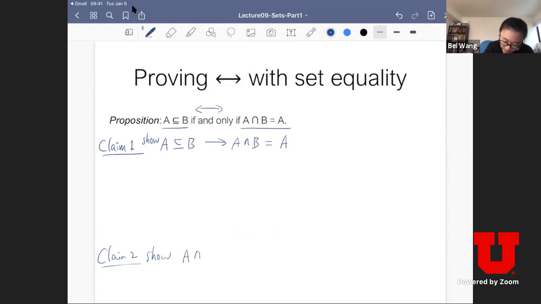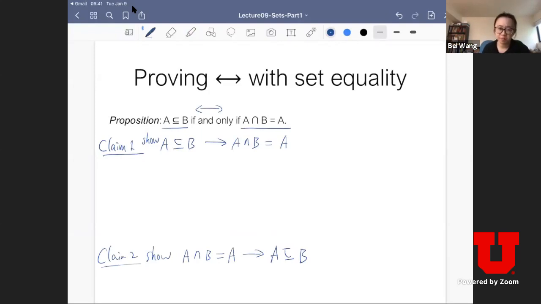Show if A intersect B is equal to A, then A is a subset of B. Okay. So let's do the first part together, and then the second part you should try to do on your own. So the first claim is to show that if A is a subset of B, then it implies A intersect B is equal to A.